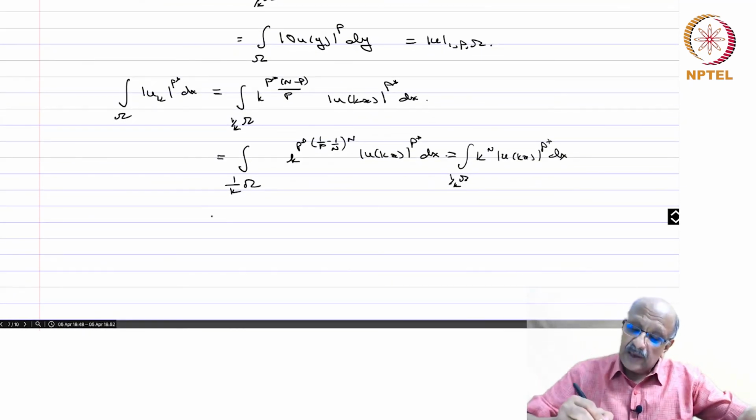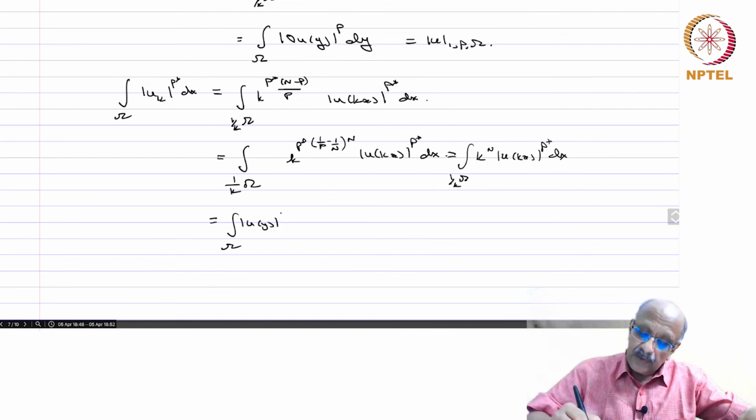Now you again make a change of variable, that is equal to the integral on omega of mod u of y to the power p* dy, and that is equal to 1.